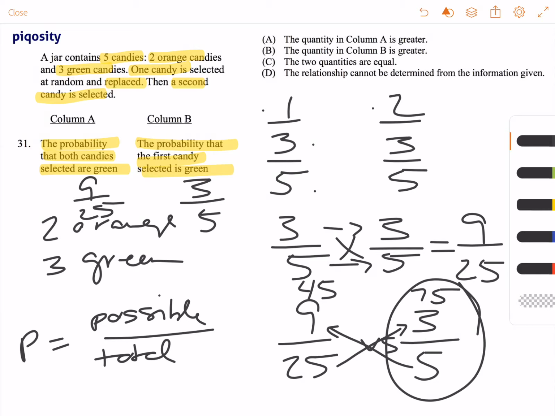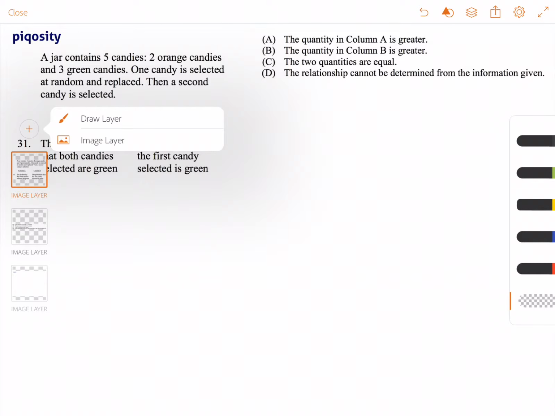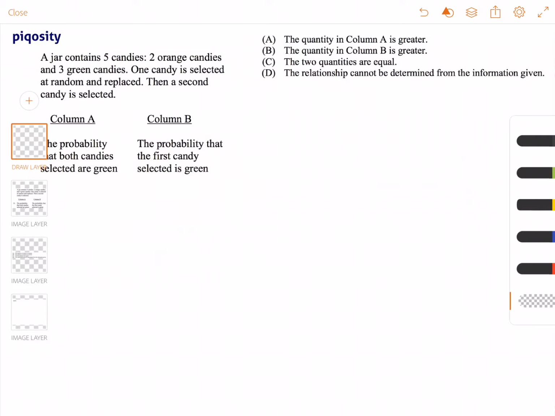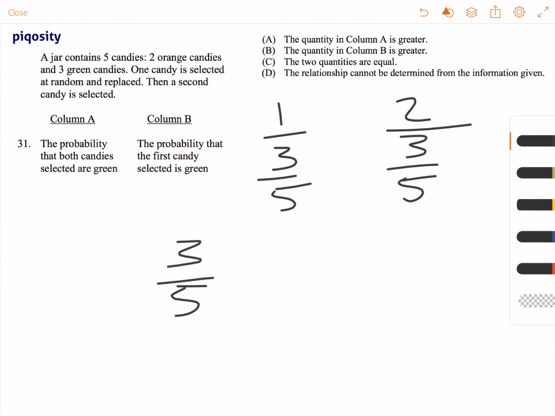Now let's clear up why you multiply the events as opposed to add them. Let's look at what happens when we do that. So 3/5 in both cases. If you add 3/5 to 3/5, you get 6 over 5.